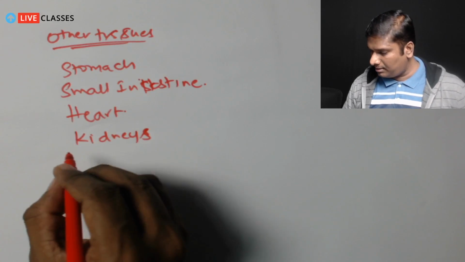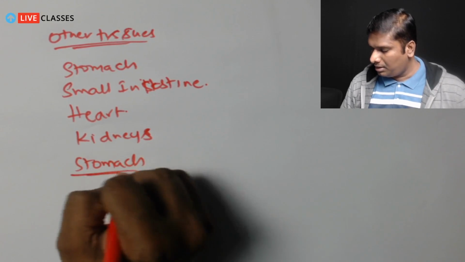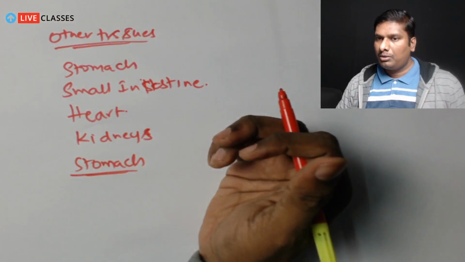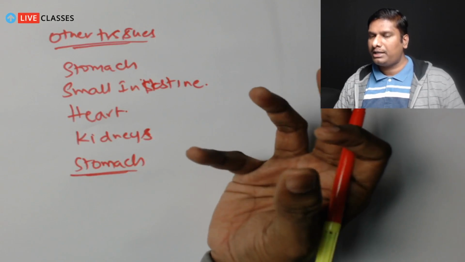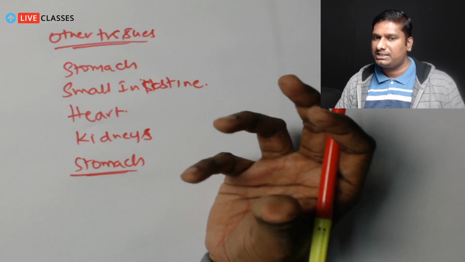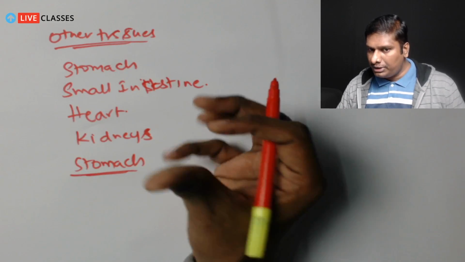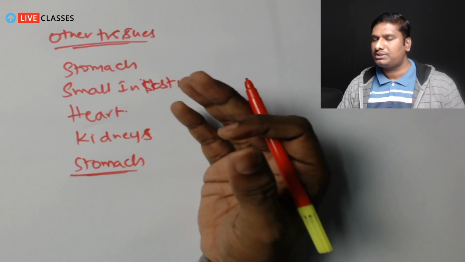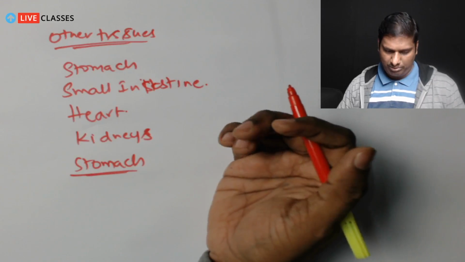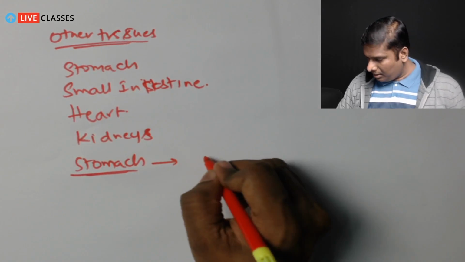So we'll start with the stomach. What are the hormones produced by the stomach? So far, what we discussed earlier were the endocrine organs, or glands, which produce hormones. These are not glands, these are tissues which are secreting some hormones. Now what is the hormone secreted by the stomach?